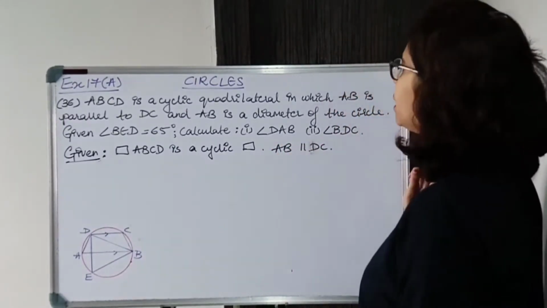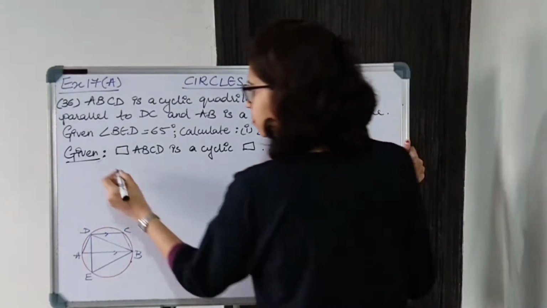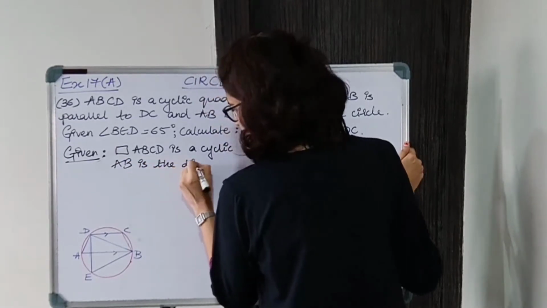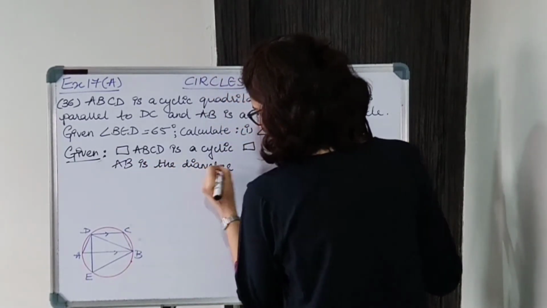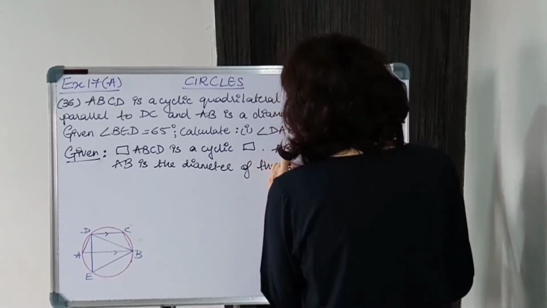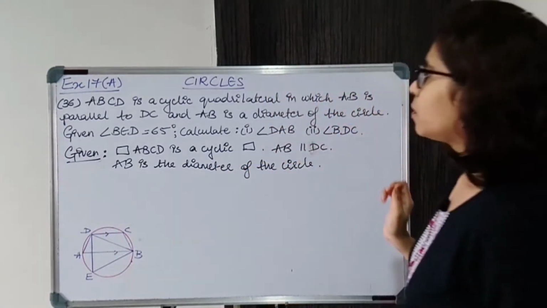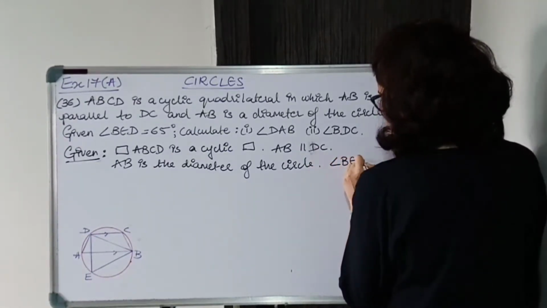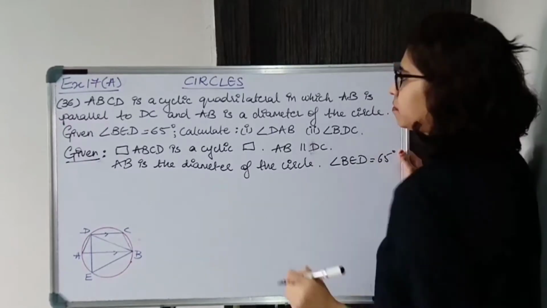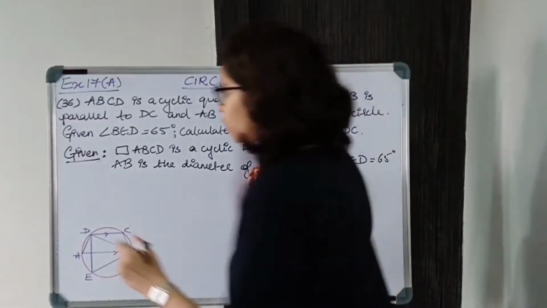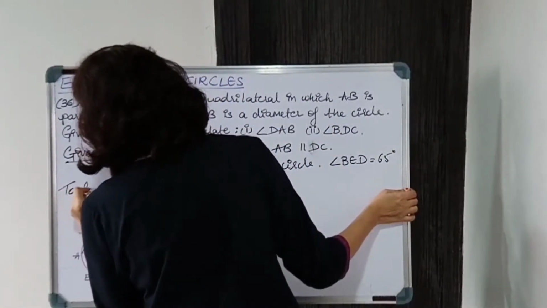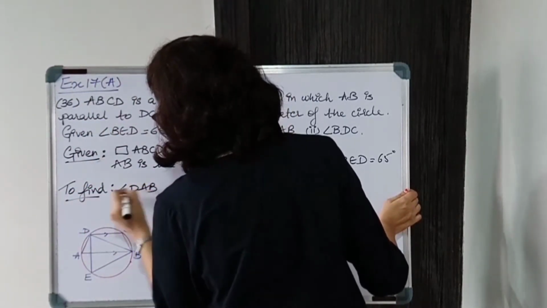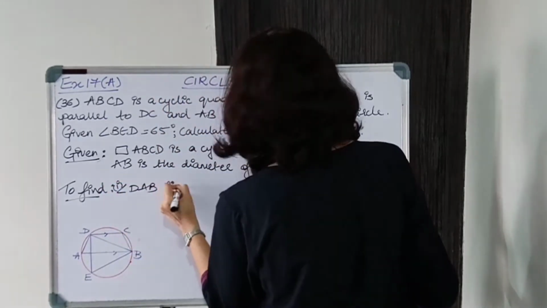And AB is the diameter of the circle. And also angle BED is equal to 65 degrees. Now we have to find two angles. Angle DAB first part and second part angle BDC.